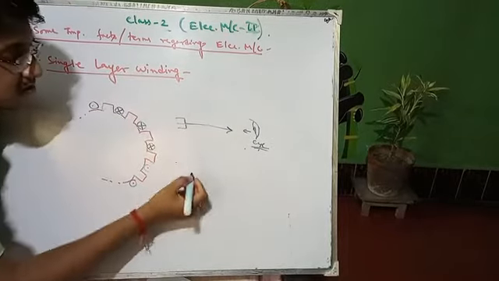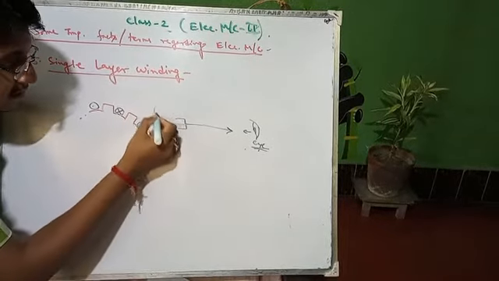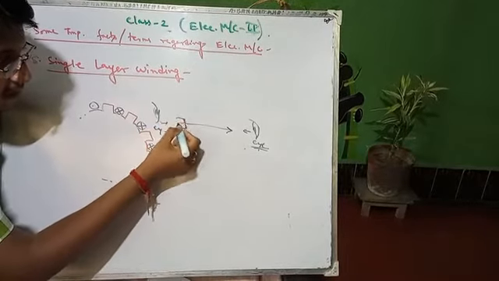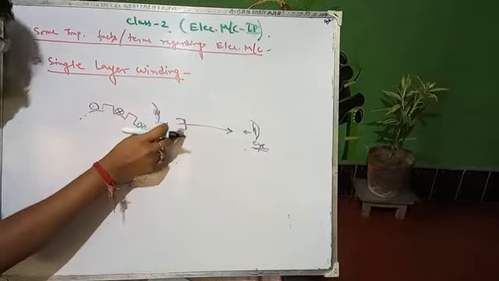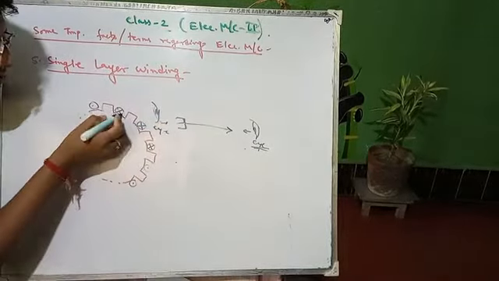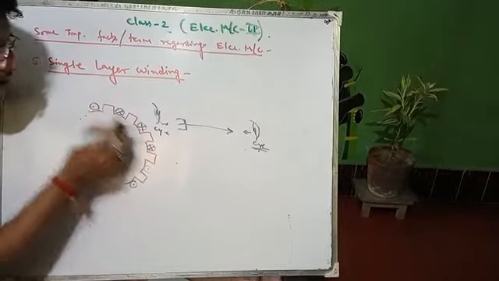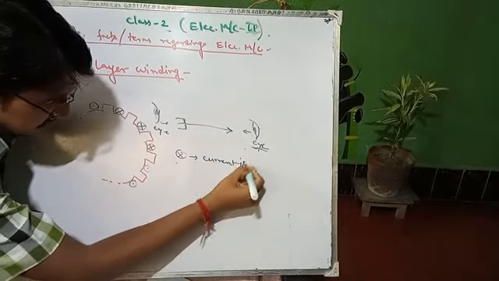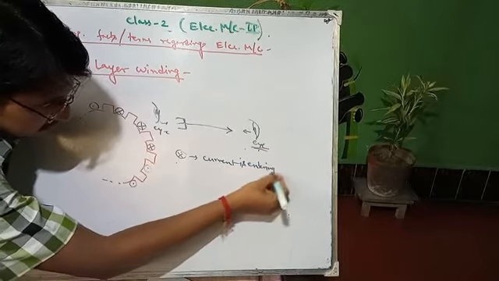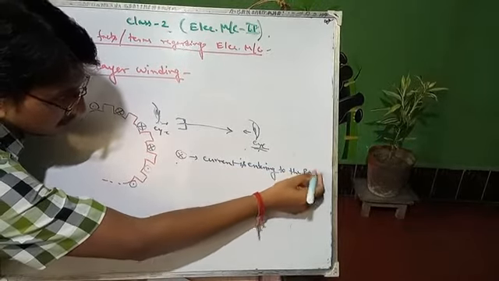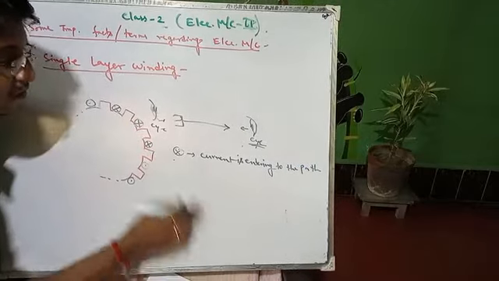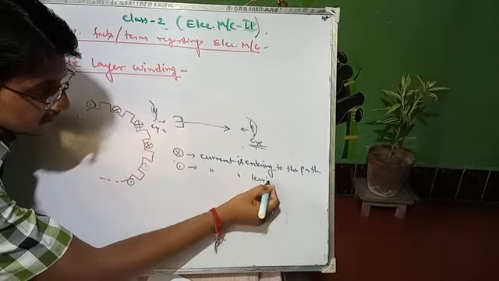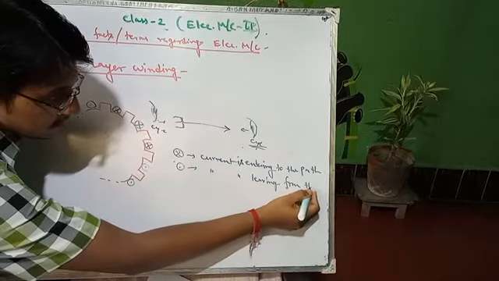And what is a cross? If we see from here, from this eye, the bottom part or the tail part of the arrow will look like a cross. So cross means current is entering the path, whatever the path is, and dot means current is leaving from the path.